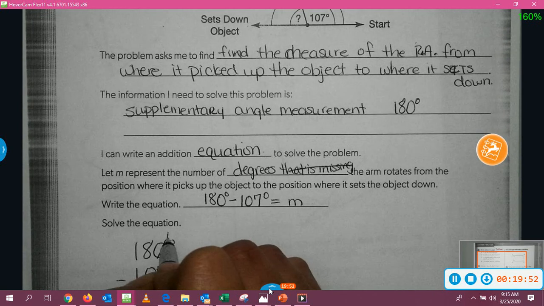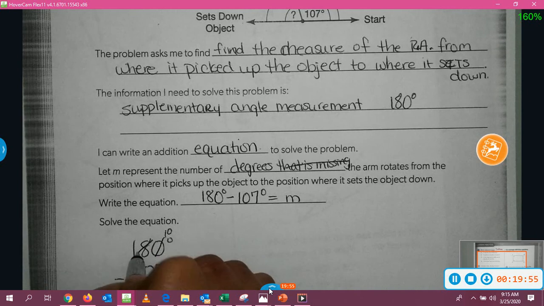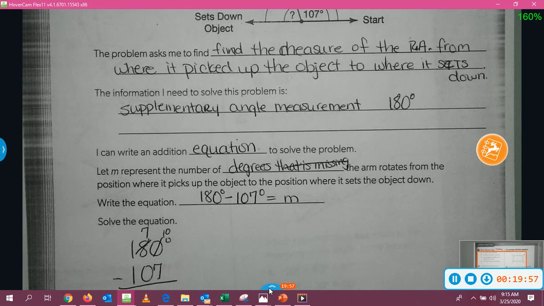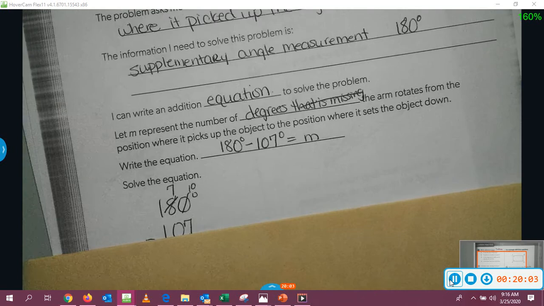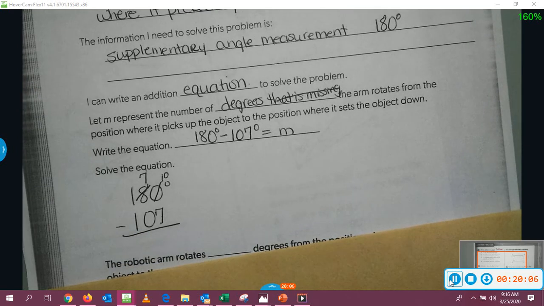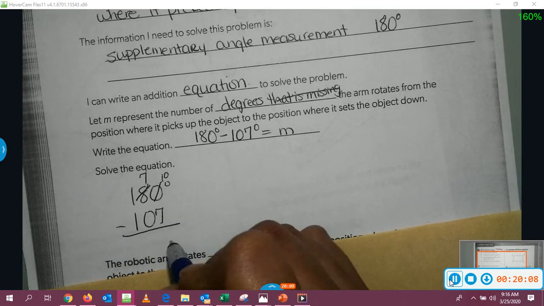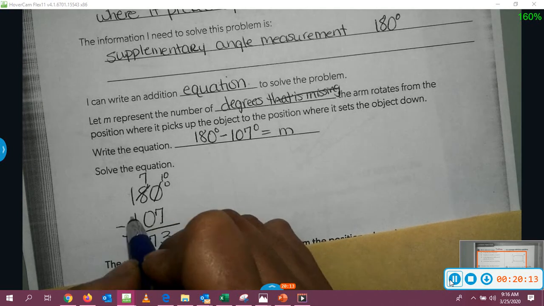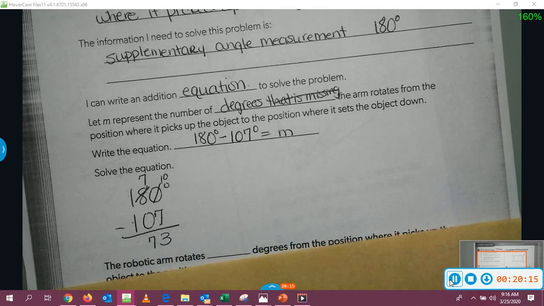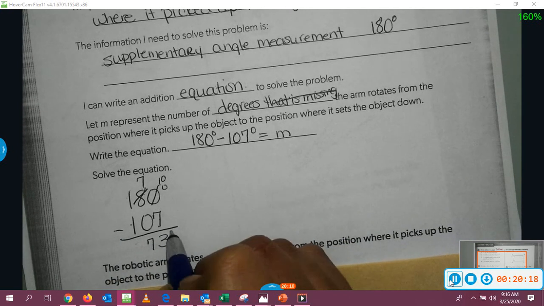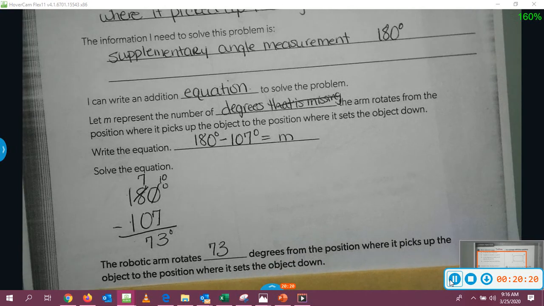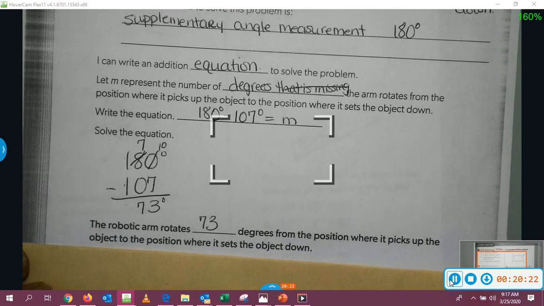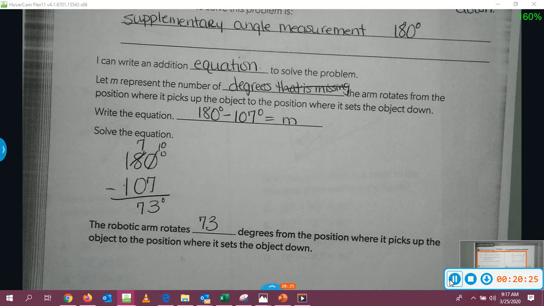I cannot, so that makes it a 10, and that makes this a 7. 10 minus 7 is 3. 7 minus 0 is 7. 1 minus 1 is 0. So the robotic arm rotates 73 degrees from the position where it picks up the object to the position where it sets the object down.